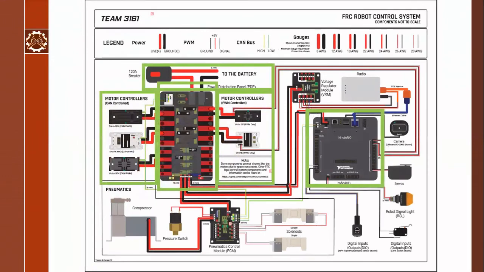So, just a general overview of the things that we've covered. All the green boxes on this chart are things that we've covered, such as the Rio, the PDB, or power distribution board, the speed controllers, which, like I said before, are linked directly to the PDB, and the switch, which is also connected to the battery, which isn't actually seen here. These are the bigger components that FRC uses.